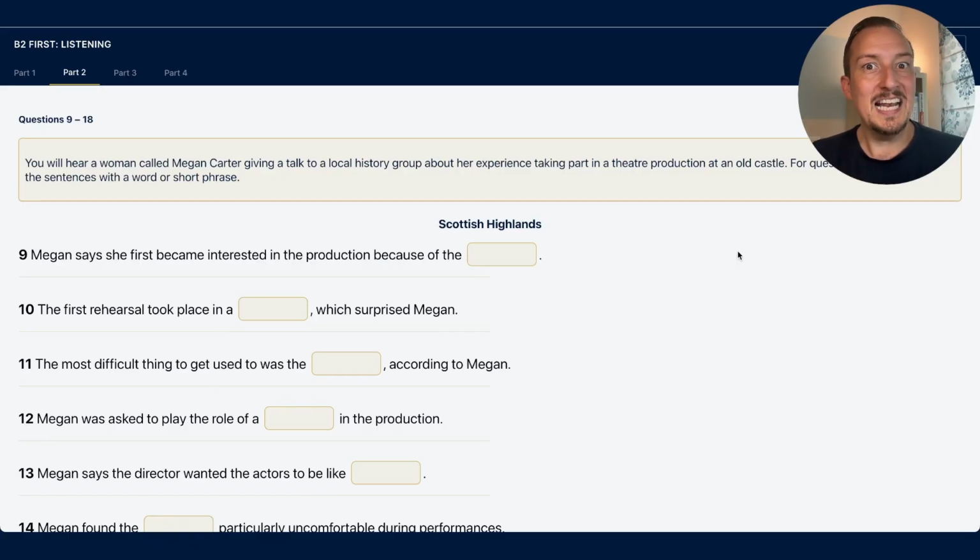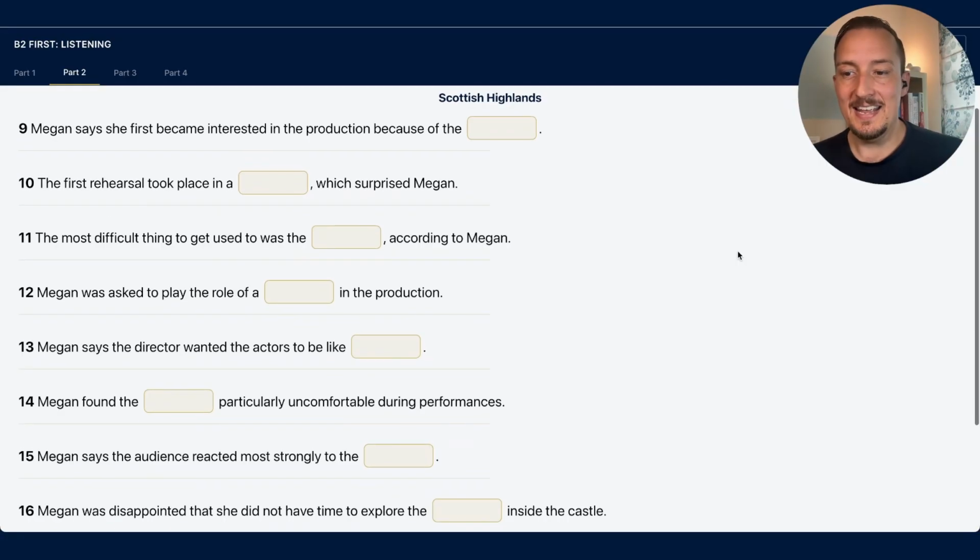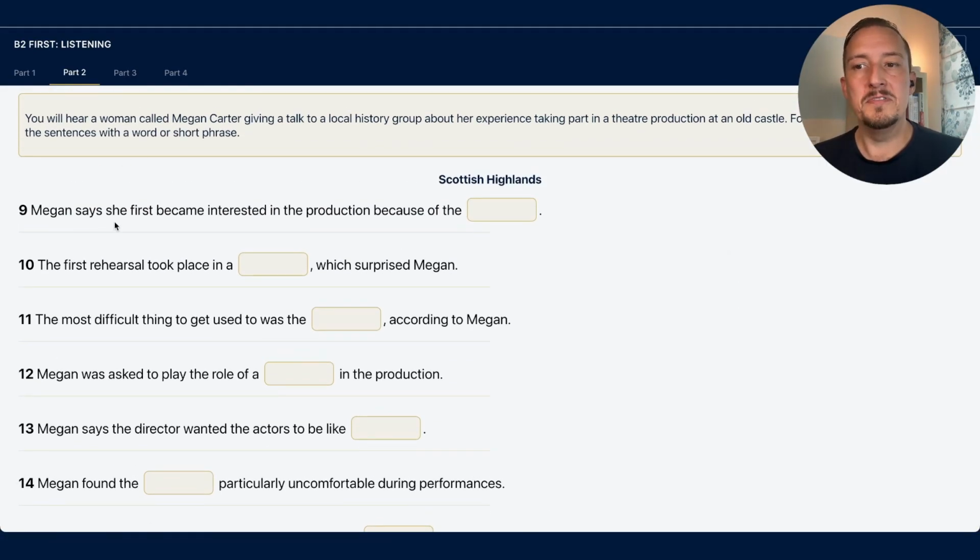So let's just quickly explain the structure of listening part 2. Now, in this part, you will hear a talk by one speaker, and it will last for about 3 to 4 minutes. You are given a series of questions. There are 10 in total, which take the form of sentences or statements. In each sentence, there is a gap.